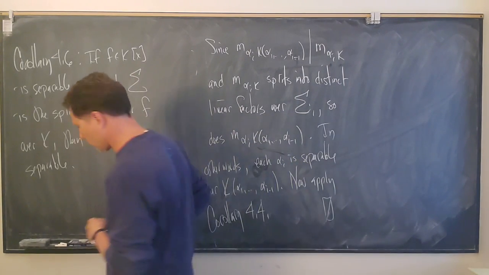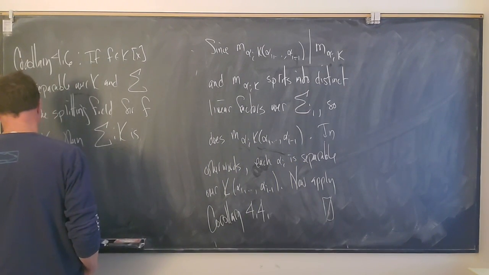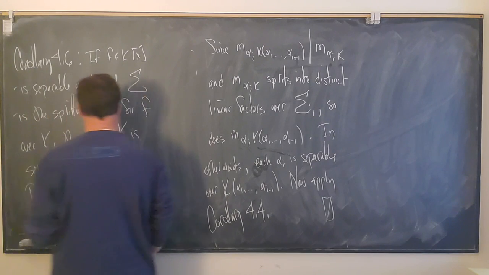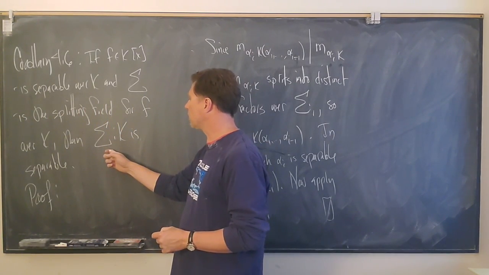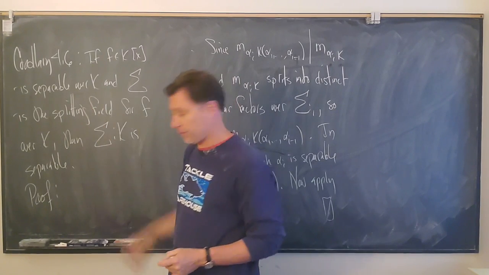And the proof basically boils down to thinking about what sigma has to look like. Well, sigma is K adjoin all the roots of f.